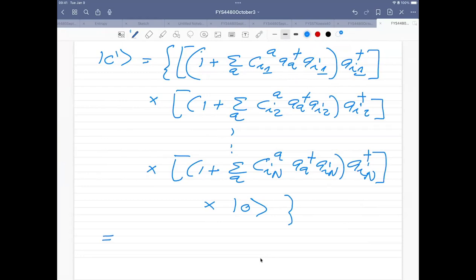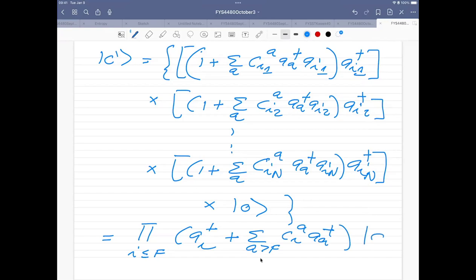I can write it as the product now of all the i's, and then I have a_I^†, the creation operator, which comes from this term being multiplied with that one. And I do it for all the states which I have here. And then I have plus a sum over all the states above the Fermi level, and I have a C_I^A of a_A^†, and this is acting on the vacuum state.